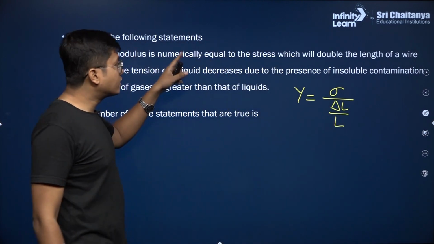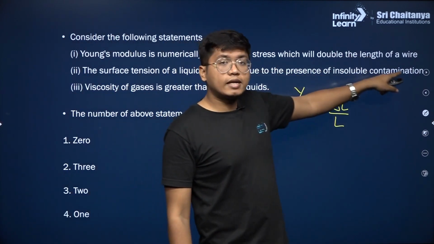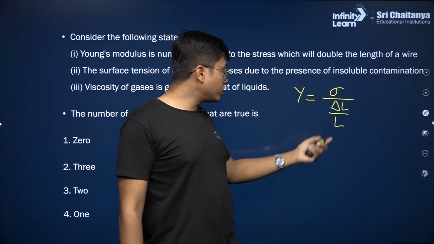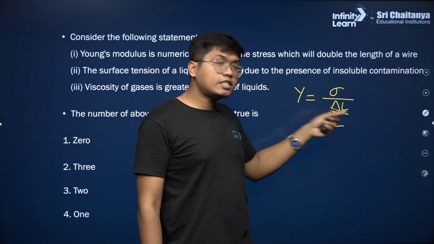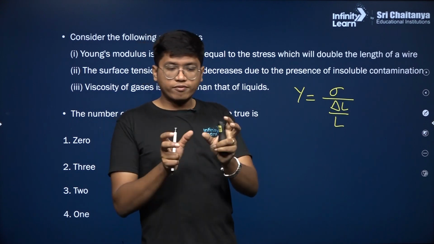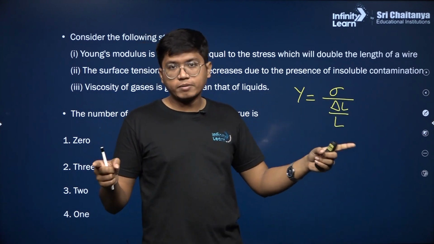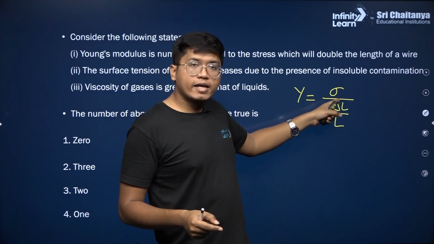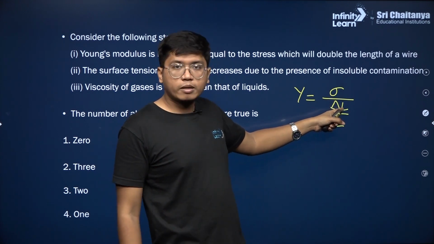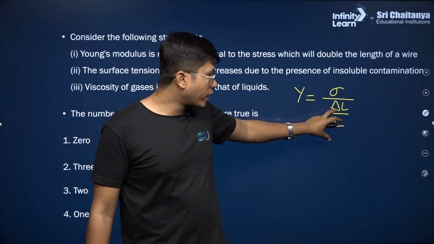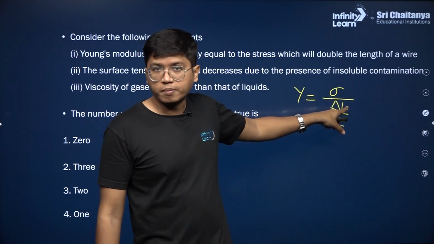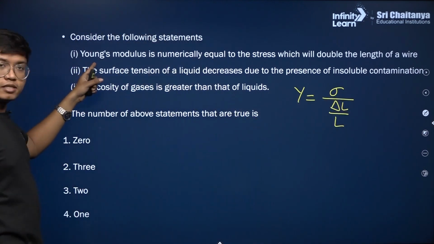Now they have said that this stress doubles the length of the wire, which means if the original length is L, the change in length is also L, because if the same length is again increased, then it will become double, right? So you have L by L over here. This delta L also becomes L. So L by L becomes 1. So you have Y is equal to sigma. So your first statement is correct.